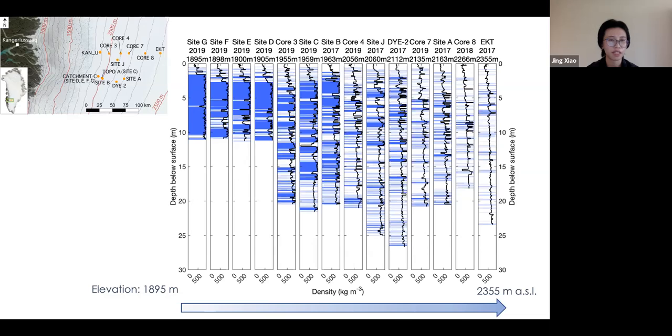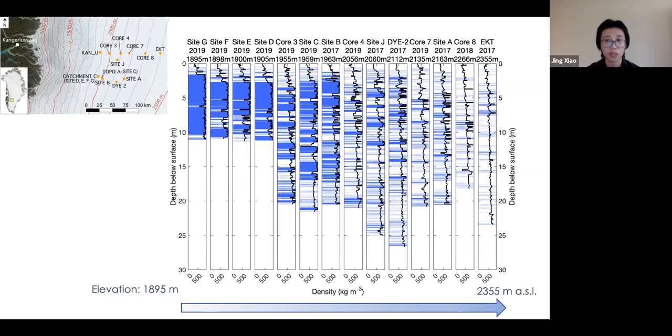In general, the density is always smallest in the top snow layer and increases gradually as we go deep. We can see that all these high values correspond quite well with the presence of ice layers. The densification here is caused not only by the compaction of snow as we go down, but also by the presence of this ice.